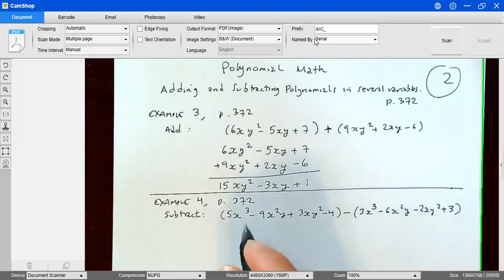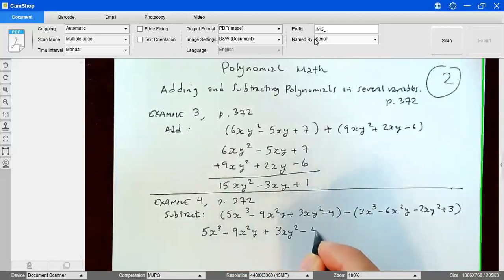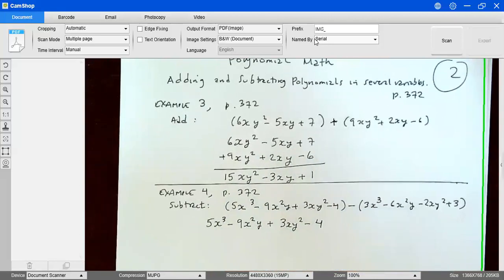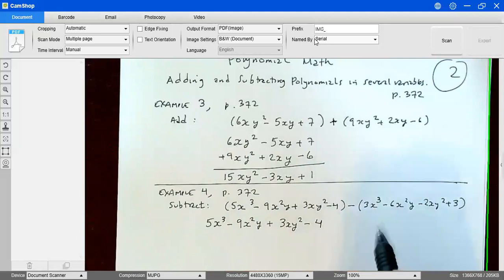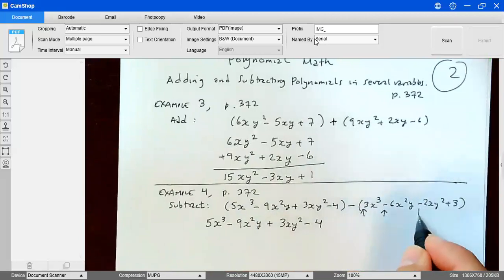So we're going to remove parentheses first. So 5x cubed minus 9x squared y plus 3xy squared minus 4. Then we're going to write the second polynomial, but since this is a subtraction, we're going to switch the sign of every term inside of the parentheses. We're going to switch those signs.